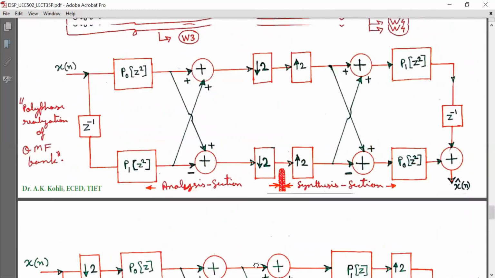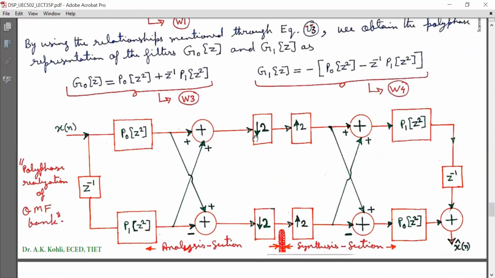Why? How? Here this is the downsampling unit, and this is a polyphase filter in the analysis section. Now, in the previous lectures, we have done the first noble identity, by which we have the opportunity to swap the position of these two blocks, the downsampling block and this filter, by making appropriate changes in the filter system function.